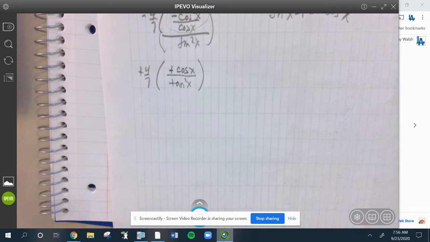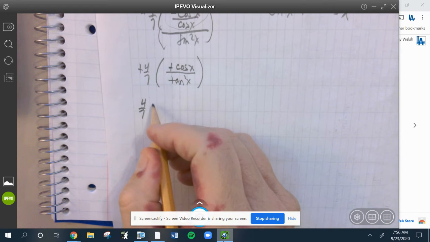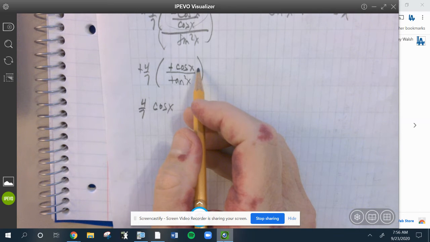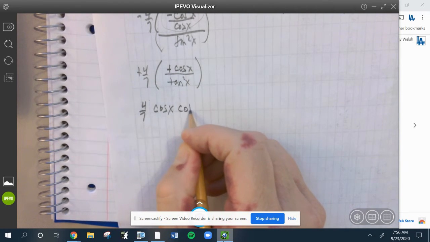So the last thing I'm going to do, since we did all that simplification, I'm going to see if this helps. Cosine x, we're going to bring the tangent squared up and make it cotangent squared.